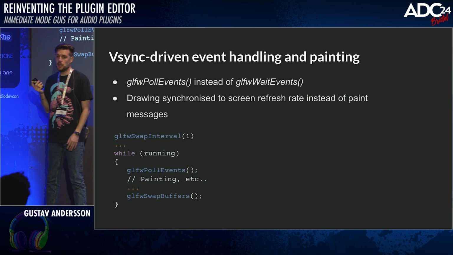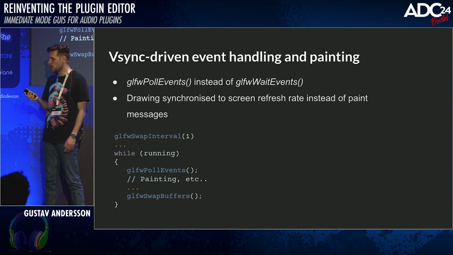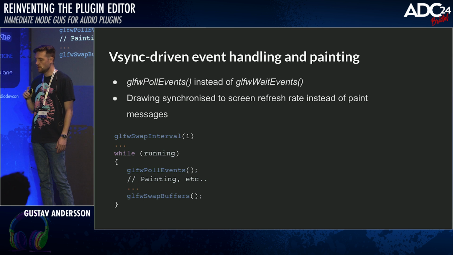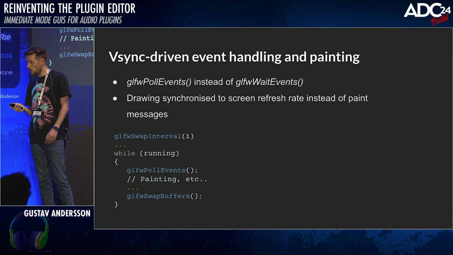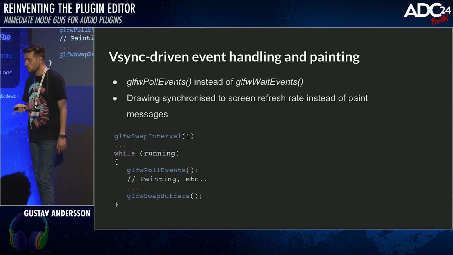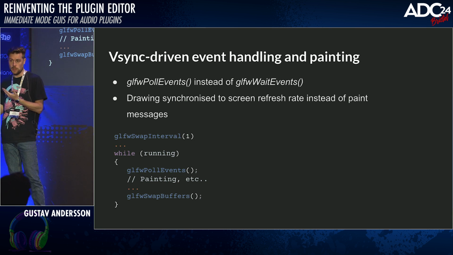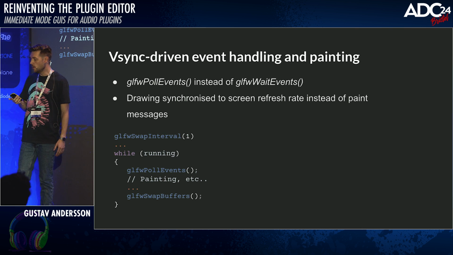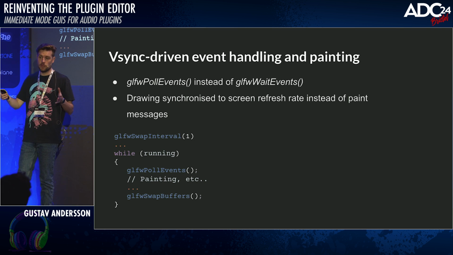But if you look at some of the examples in Dear ImGui, you'll see that they're slightly different. There's no call to wait events, but instead first they call swap interval with 1, which means that when you call swap buffers later, it should wait 1 frame. And instead they call poll events, and poll events does exactly the same thing as wait events, except when the event queue is empty, it doesn't block, it returns immediately.